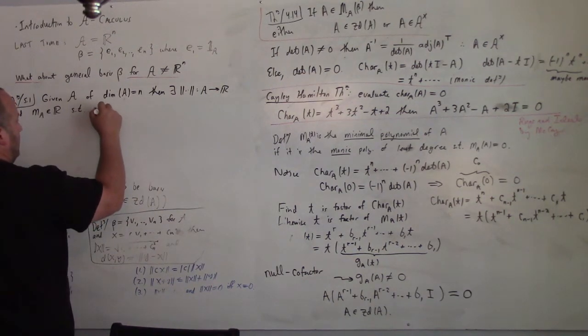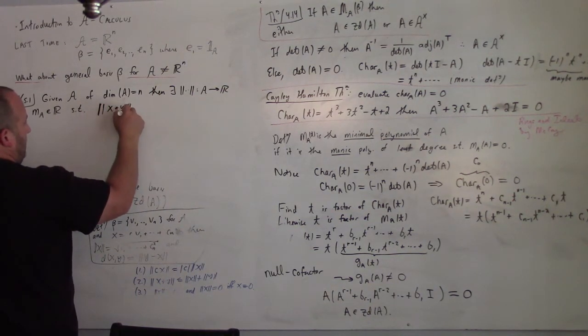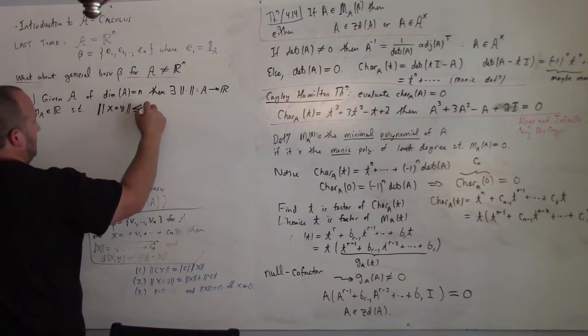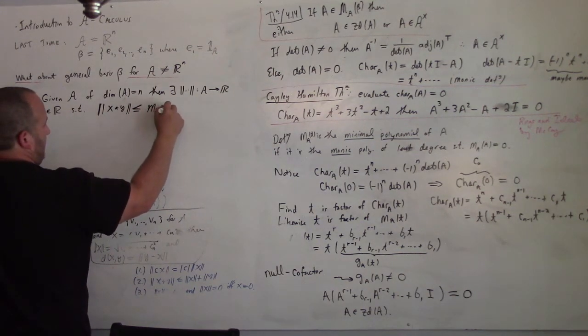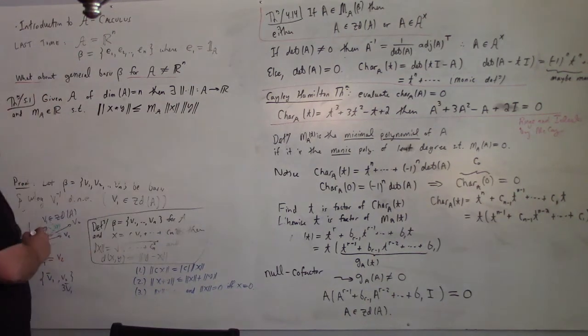The norm of x times y is less than or equal to M sub A times the norm of x, norm of y. And I give a formula for M sub A.